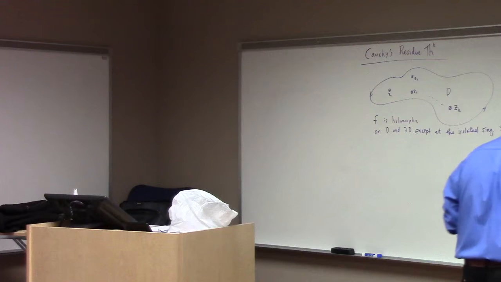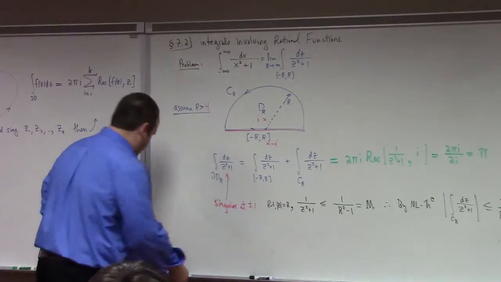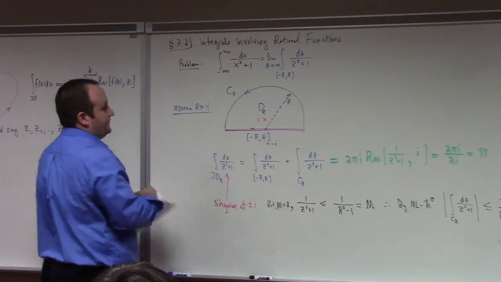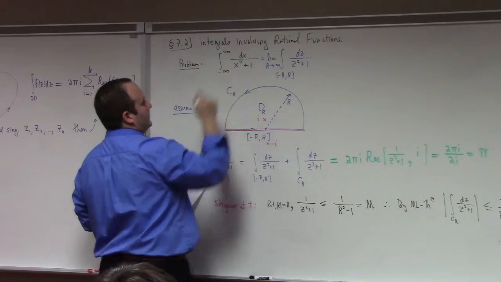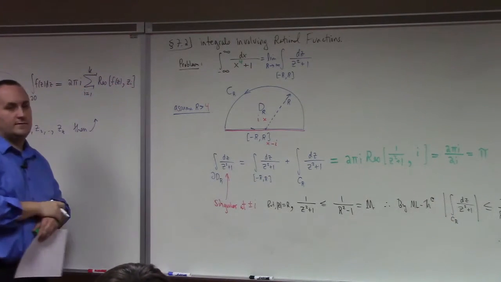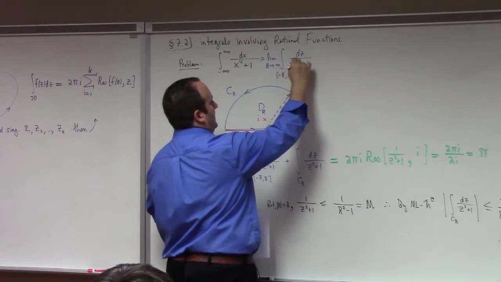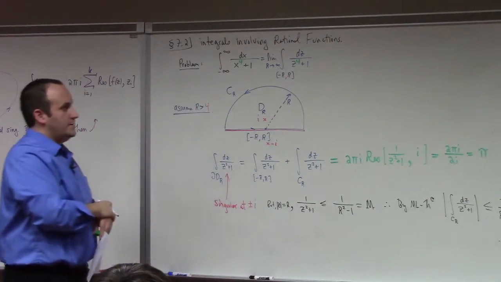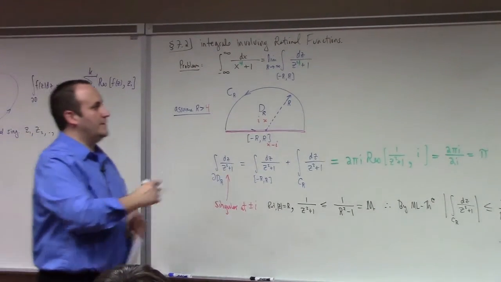For example, example 7.23 in my notes, I do essentially the same thing for, what's the difference? I put a 4 here. What does that do? Where is z to the 4th plus 1 equal to 0?